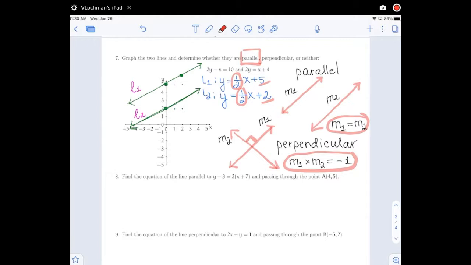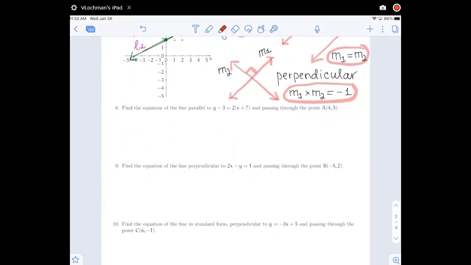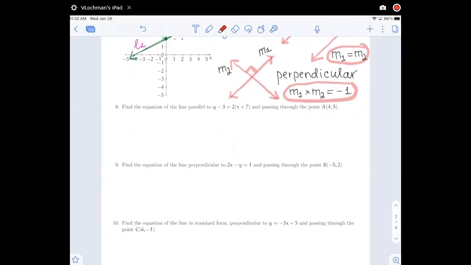Okay, good. All right. Then let's go ahead and keep going. We have 3 more problems to solve before we get into applications. Okay. Let's see this first one. Problem number 8. Find the equation of the line parallel to the given line. Okay, so parallel to this one.